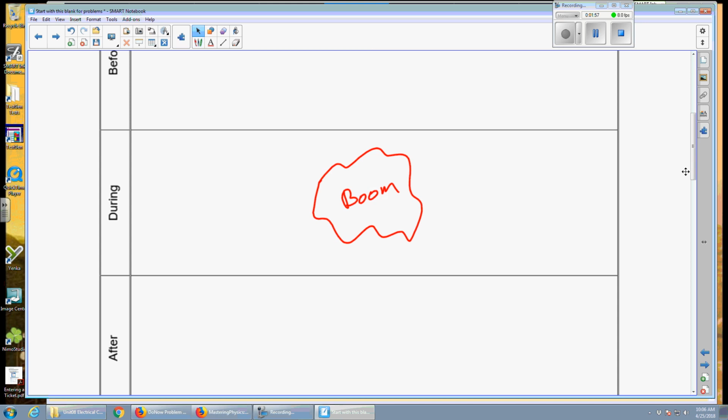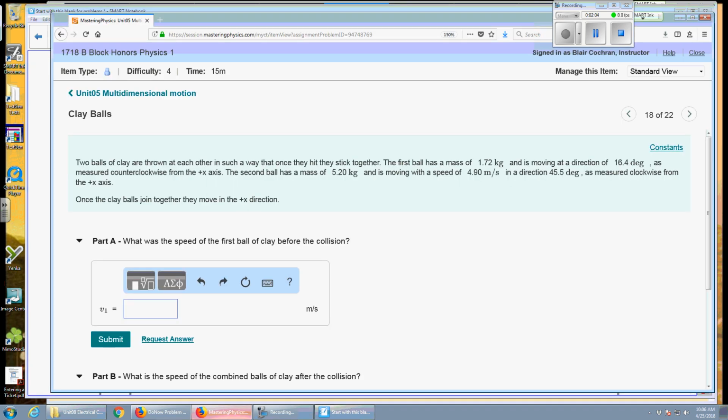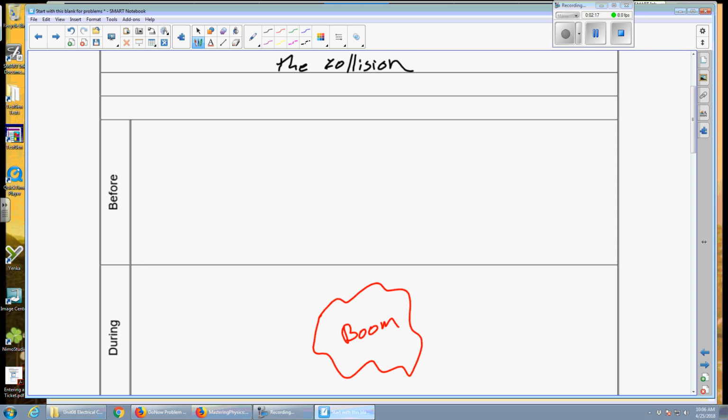And I know beforehand, to do them in red and green. Let's see. So, first one I'm going to do in blue. The first ball, this is moving 16.4 degrees as measured counterclockwise from the x-axis. So x-axis is to the right, 16.4, so that's the momentum ball one has beforehand, right?